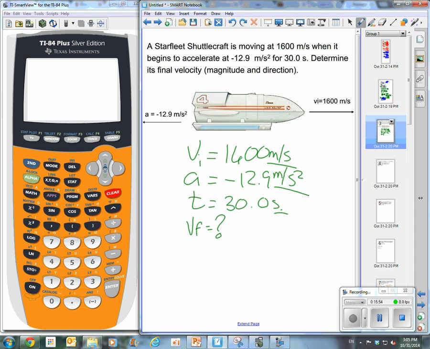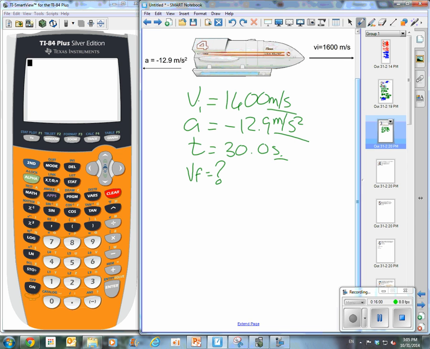All right, so now I'm going to look again in my data booklet, and I'm going to try to find the formula that has all four of these variables. The great thing about it is the formula that we've already used. Acceleration equals final velocity minus initial velocity all over time. Now, I've kind of hit a snag, right? Because the thing that I'm trying to solve is actually in my equation. So I need to rearrange the equation.